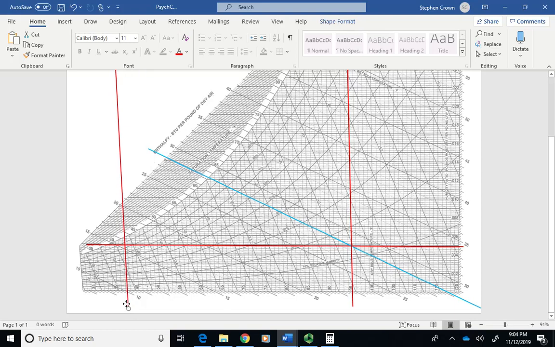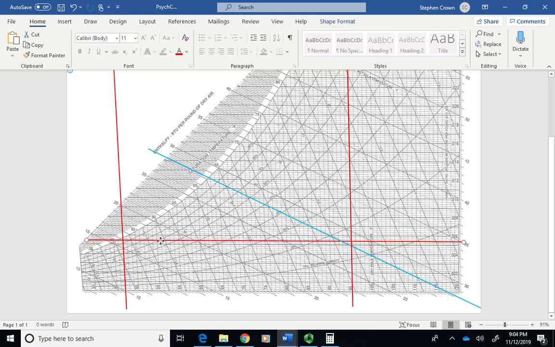Since these lines aren't parallel, as we slide this temperature line around, we have to readjust the slope of the temperature lines. And then we're looking for 80%, so there's 100%, 90%, 80%, and it's where those two lines intersect that has to go through the 80% line, and then that's labeled up here.